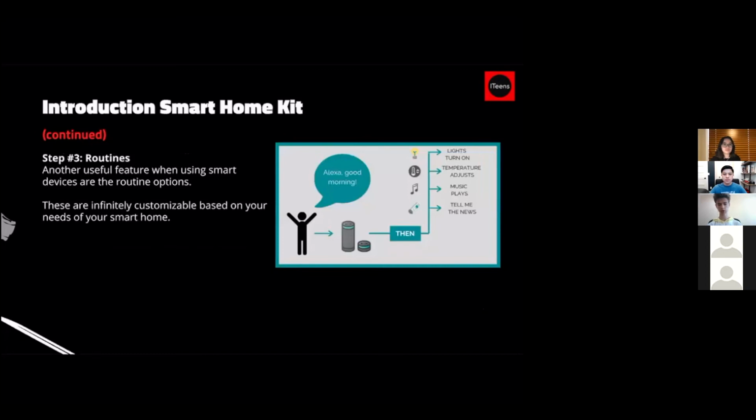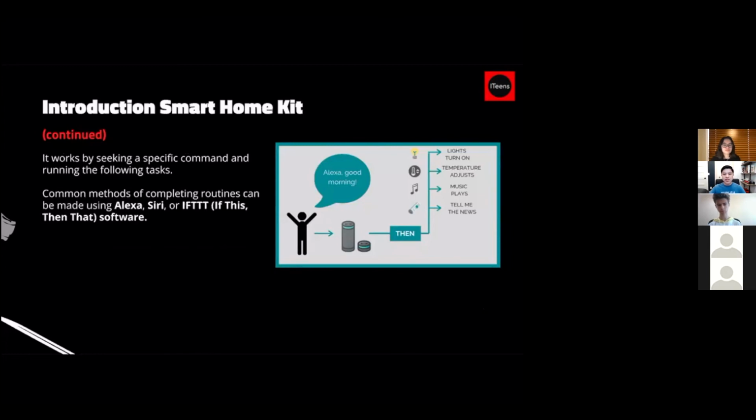Step number 3, routines. Another useful feature when using smart devices are the routine options. These are infinitely customizable based on your needs of your smart home. It works by seeking a specific command and running the following tasks. Common methods of completing routines can be made using Alexa, Siri, or IFTTT, if this, then that software.